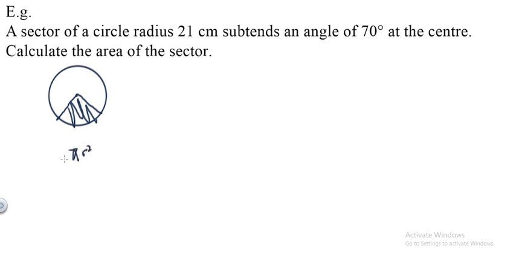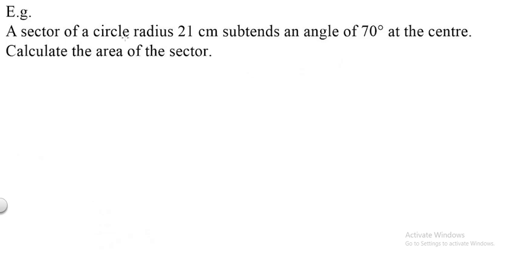The area of the sector will be the fraction of the sector times the total area. That would simply mean that the area of the sector is the fraction that this makes of the entire circle times the area of the entire circle. So this will be theta over 360 times pi r squared. Now that we know the area of a sector, let's look into this problem.